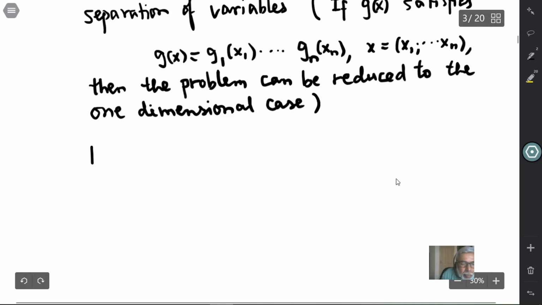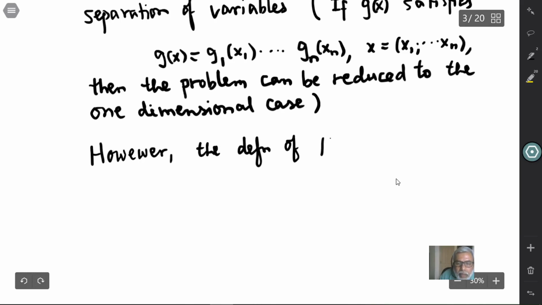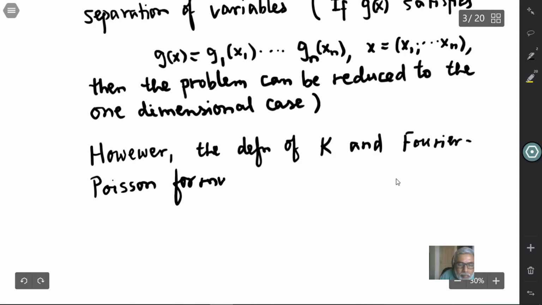However, the definition of K and the Fourier-Poisson formula readily extend to n bigger than 1.